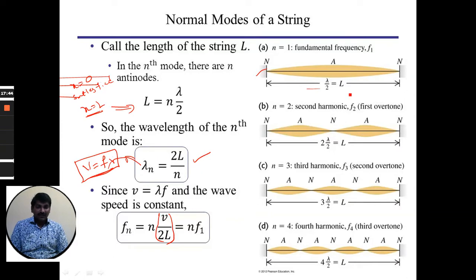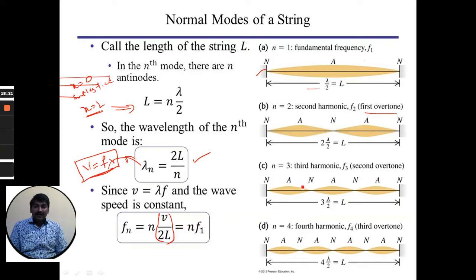The first one, whatever you are seeing in the diagram, is called the fundamental frequency of the normal modes, and we call it the first harmonic. The second one we call the second harmonic, and the second harmonic is called the first overtone.